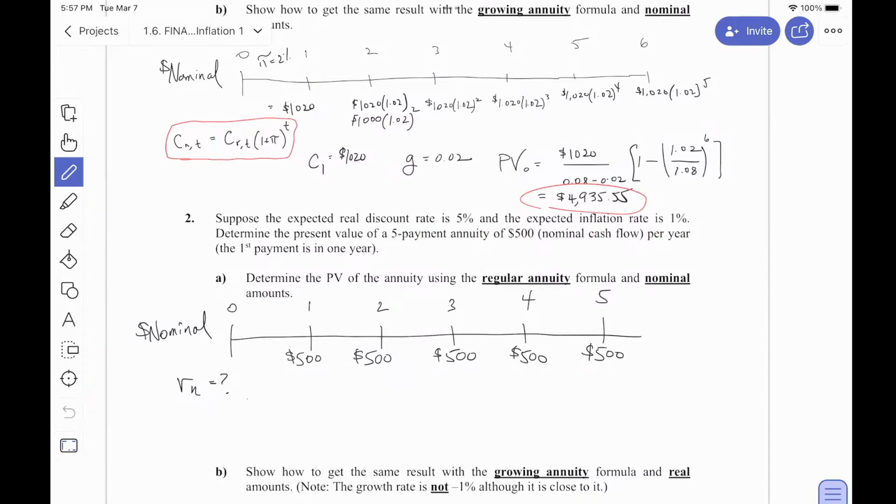So you can calculate the nominal rate as 1 plus the nominal rate is equal to 1 plus the real rate by a growth factor of inflation. So the real rate converts to the nominal rate of 6.05%.